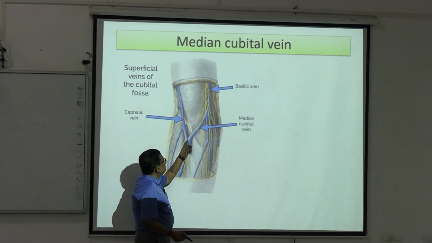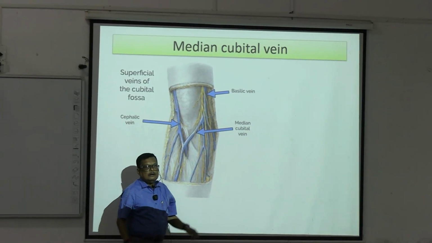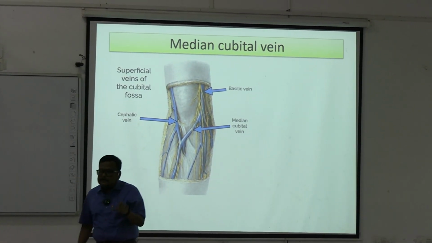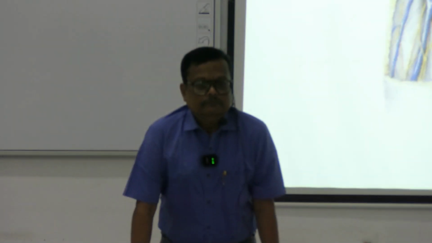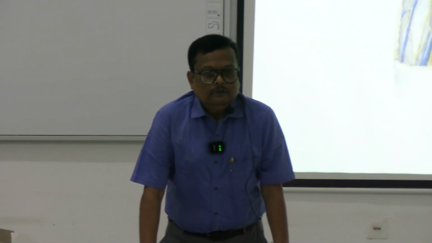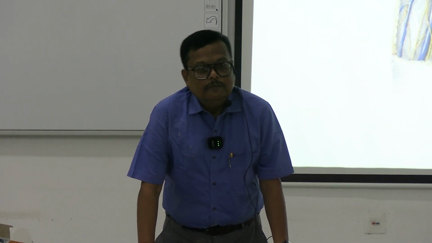This median cubital vein lies superficial to the bicipital aponeurosis, and deep to this aponeurosis lie two important structures: the median nerve and the brachial artery.